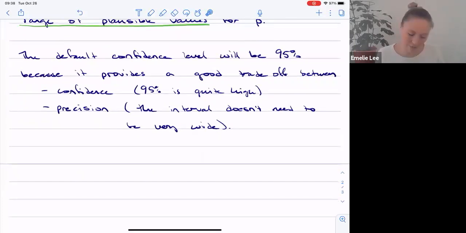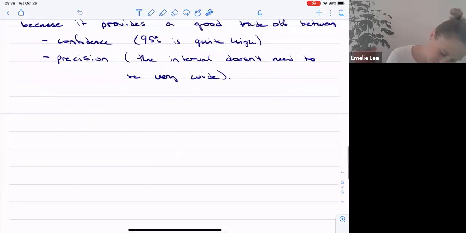So if we think about 95%, okay, and if we know that we're pulling from a normal distribution, okay, so I'll put this on a fresh page here.